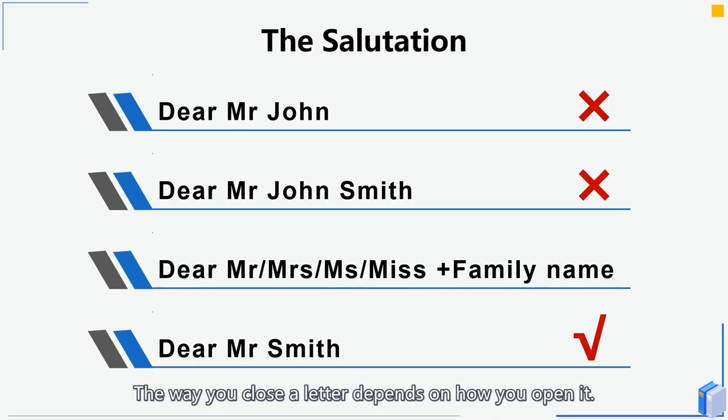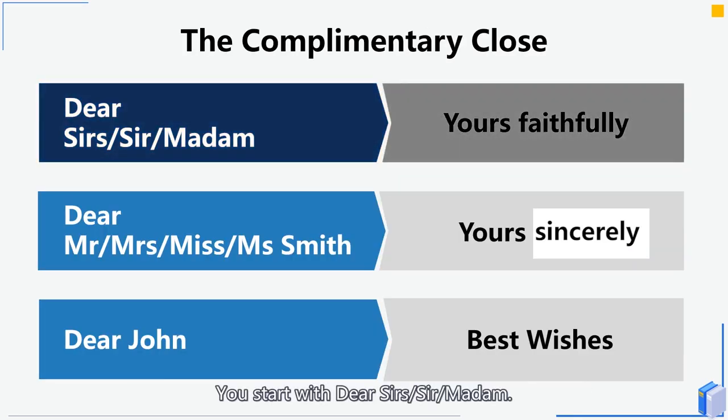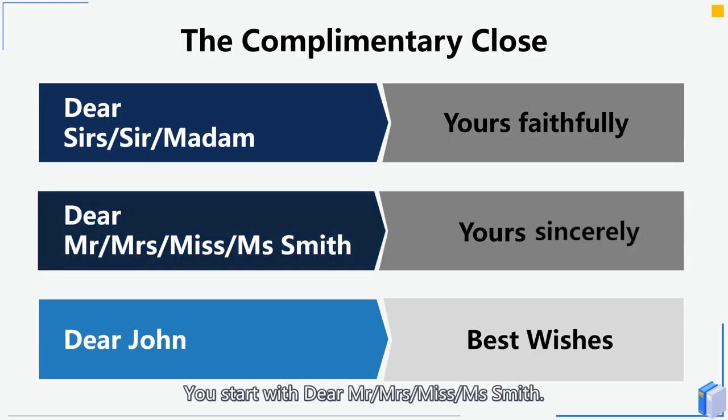The way you close a letter depends on how you open it. You start with Dear Sirs, Dear Sir, or Dear Madam, you end with Yours faithfully. You start with Dear Mr., Mrs., Miss, Ms. Smith, you end with Yours sincerely.